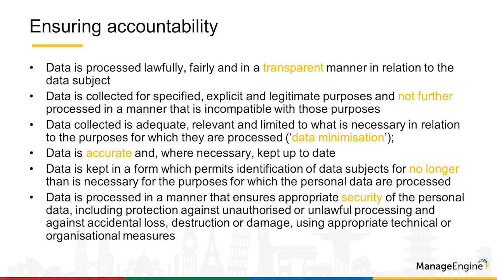So the idea is if you say, okay, you're consenting to XYZ, well, don't take the data and manipulate it in an ABC manner, okay? Along with that is data minimization. This means that you should be obtaining the information only for what you want.